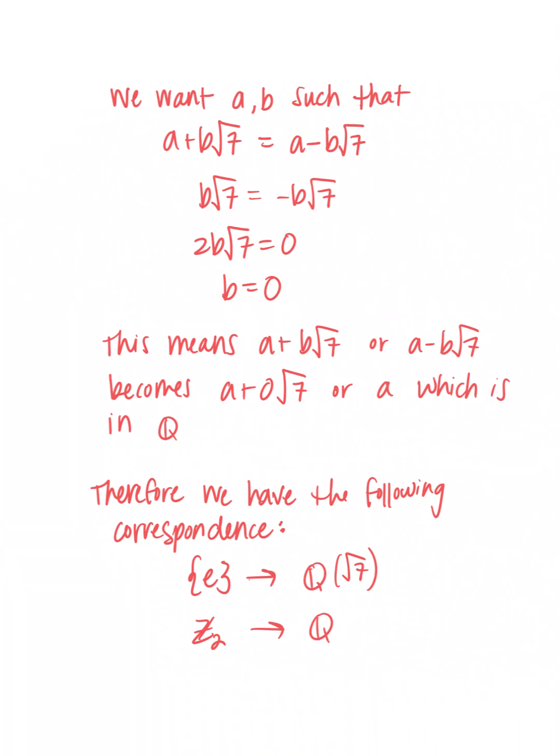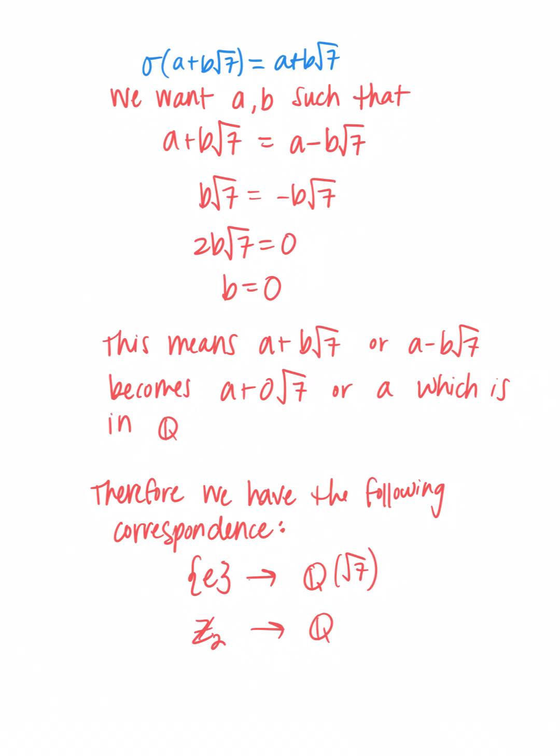And sigma fixes only the rational numbers because, I should probably note that, sigma of a plus b root 7 sends it to a minus b root 7, the conjugation. So we want to find some a and b such that a plus b root 7 is sent to itself.